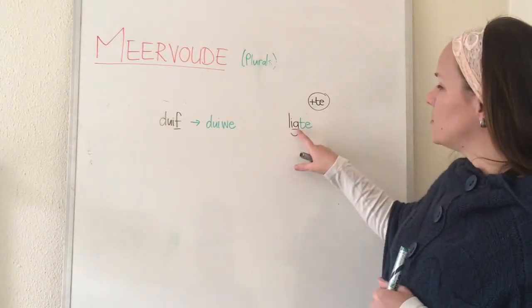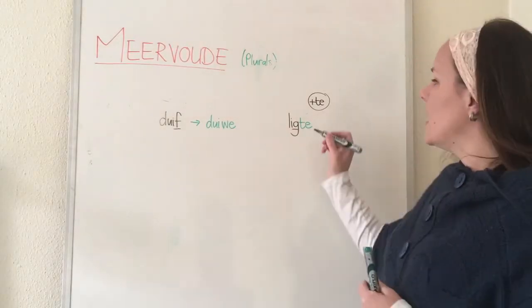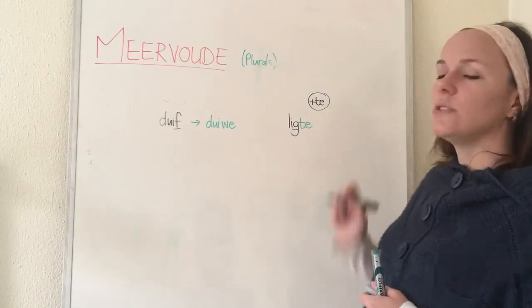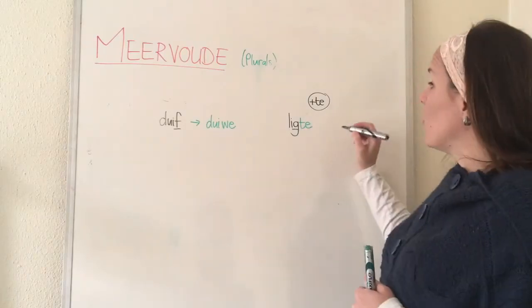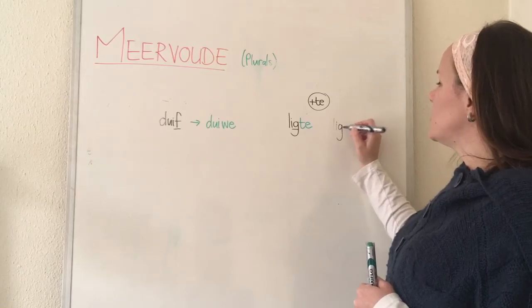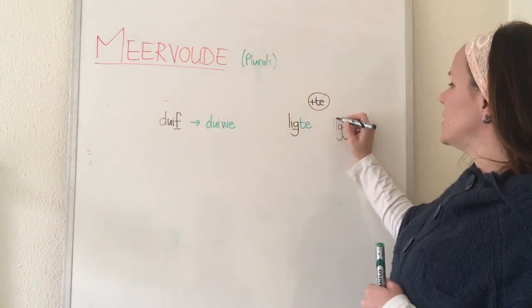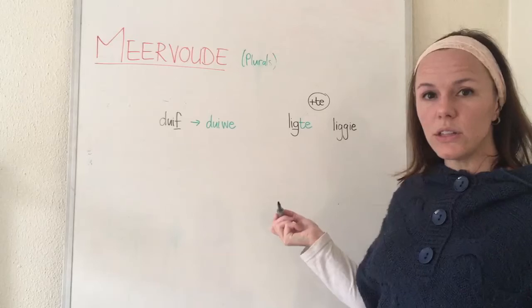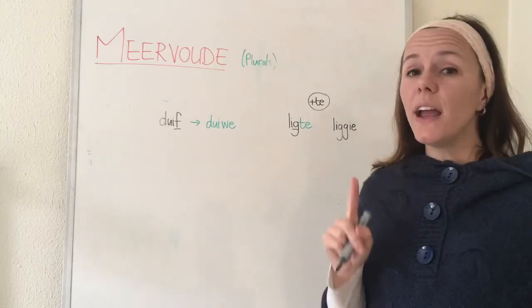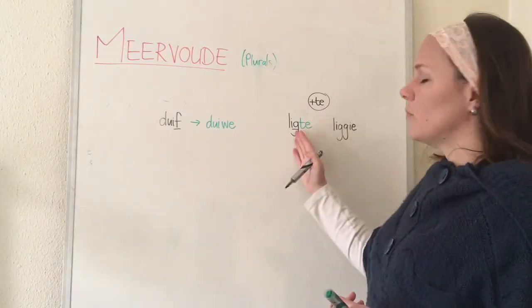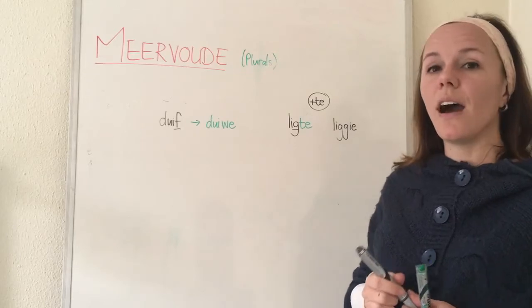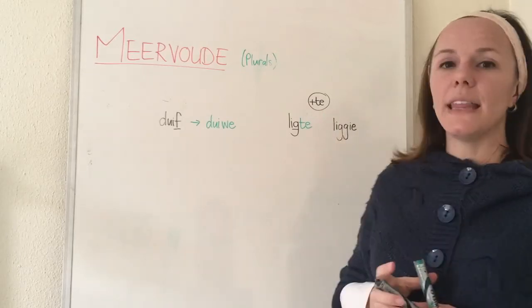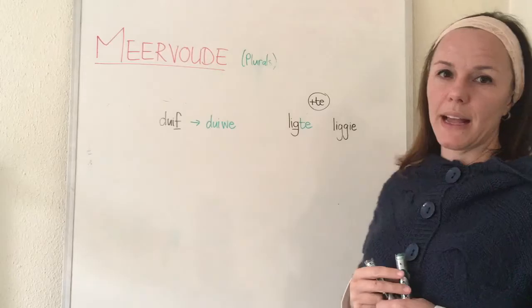If I see this word lig, for example, I will first notice that it's one vowel over there, and I'll be tempted to write ligge with 2 G's. I double the last consonant. But if I know that there's an exception with a word that ends with ig, that I must add the te, then I won't make that mistake.